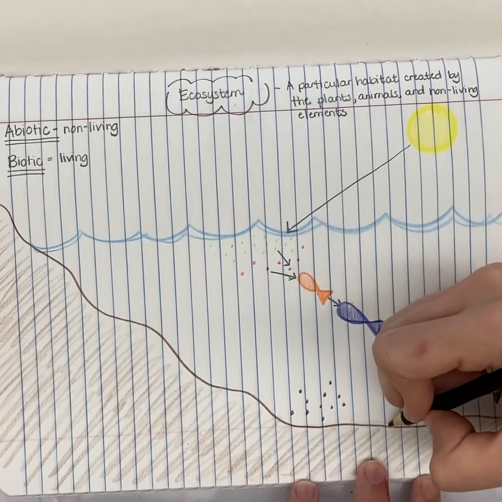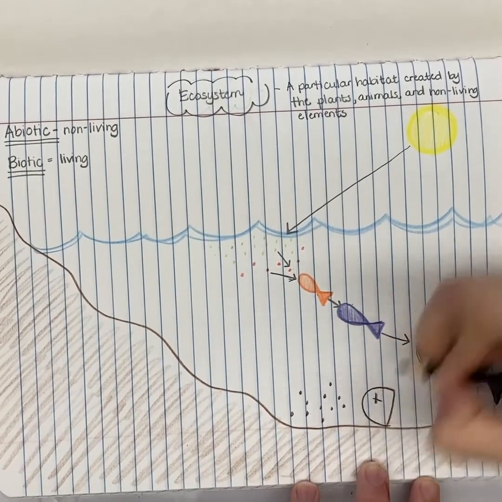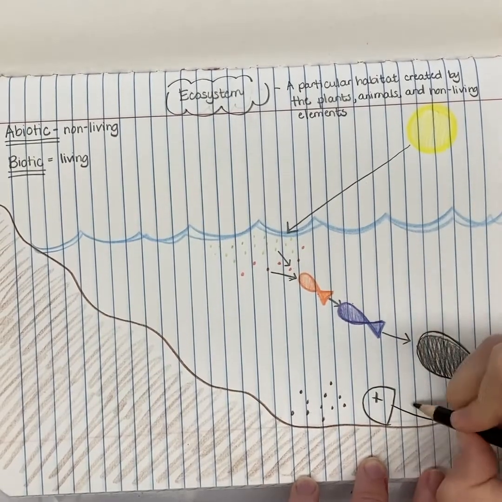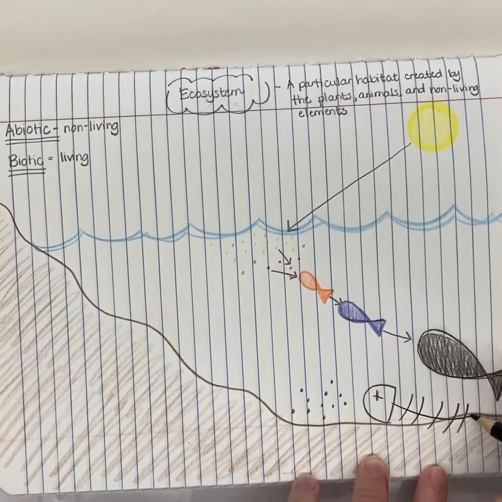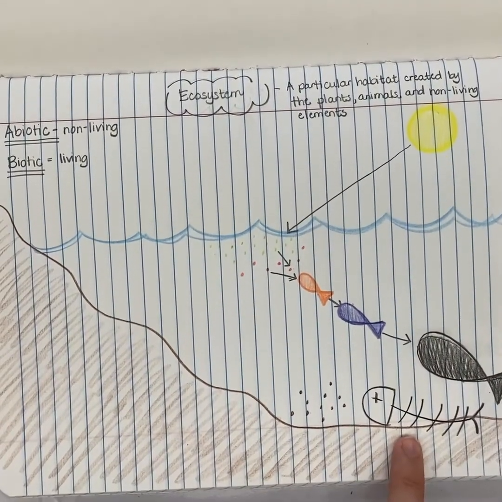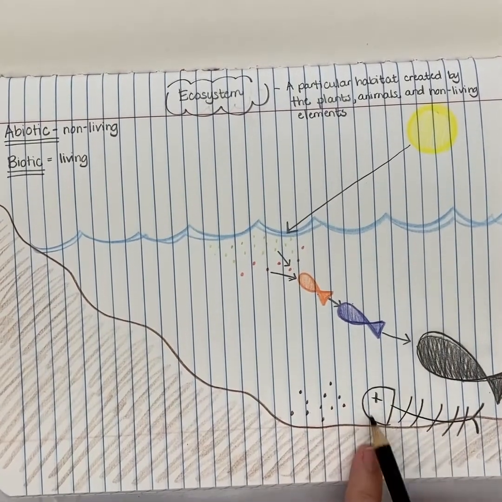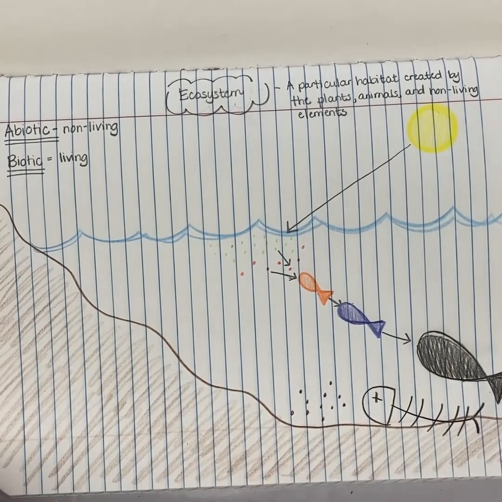So I'm going to draw more of a skeleton. And he's dead. Okay, and so all of the flesh from this fish is going to feed these organisms.